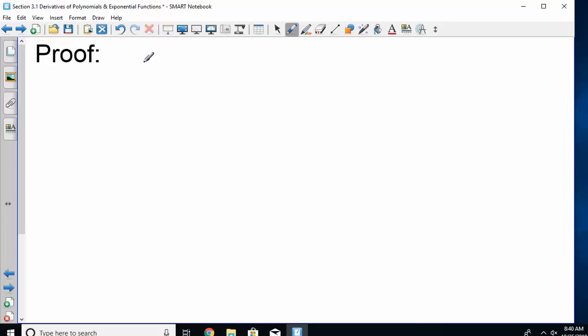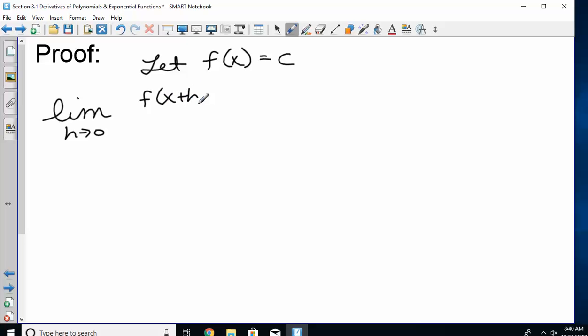Let's say I just have a function f of x equals c. If we work through the derivative of this by our definition, limit as h approaches 0 of f of x plus h minus f of x, all over h, you get the limit as h approaches 0. If f of x is just equal to a number, then what is f of x plus h?